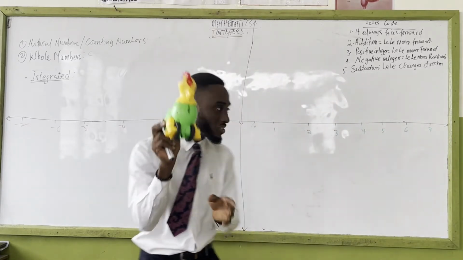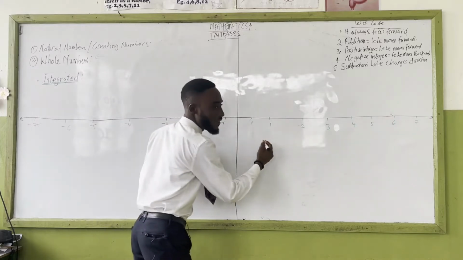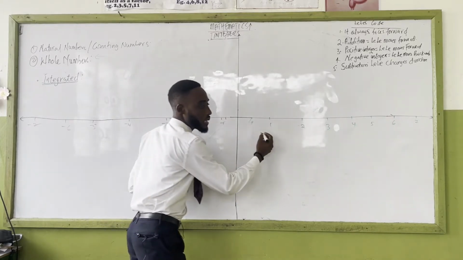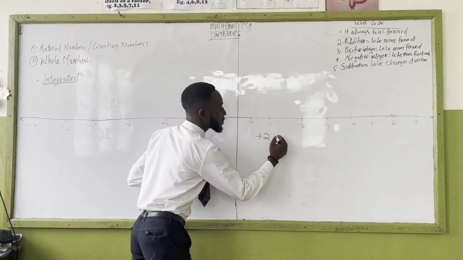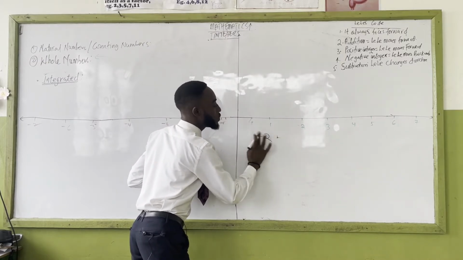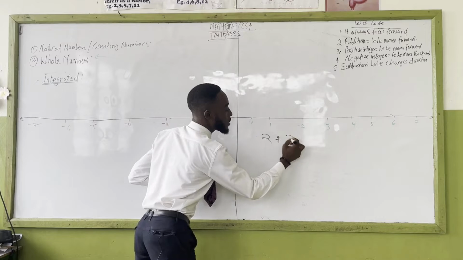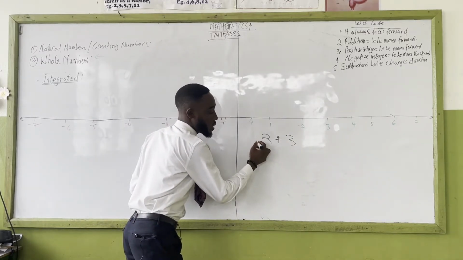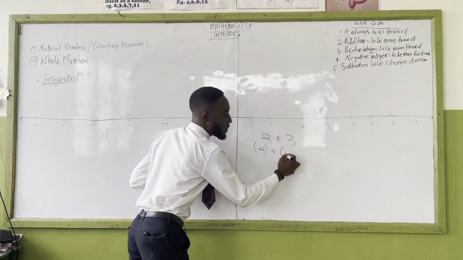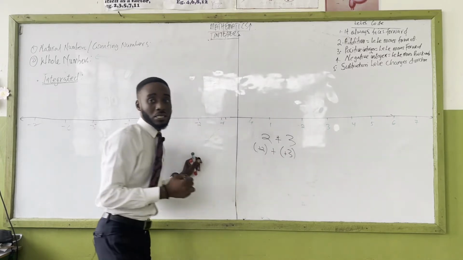So let's try our hands on one. Everybody watch here. Priscilla, I need your attention here. When I have 2 plus 3, this actually is a positive 2 plus a positive 3. Is that okay?